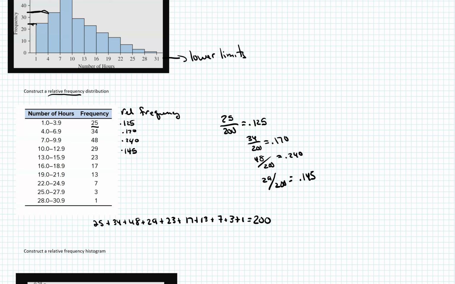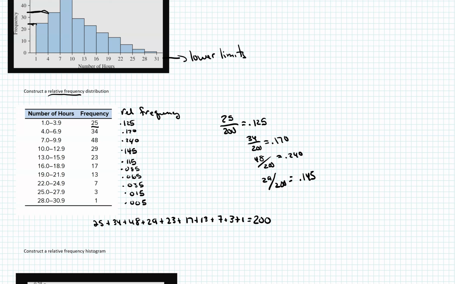And I keep dividing these. So 23 is going to be 0.115. The next one is 0.085, 0.065, 0.035, 0.015, and finally the last one, 0.005.